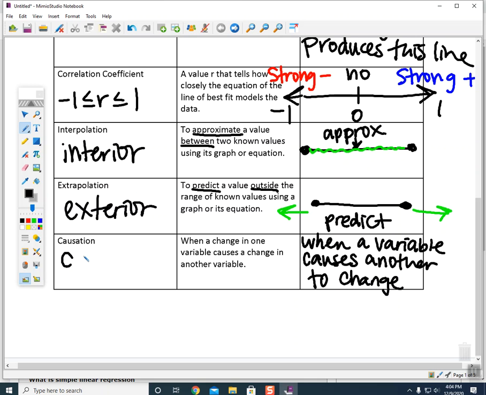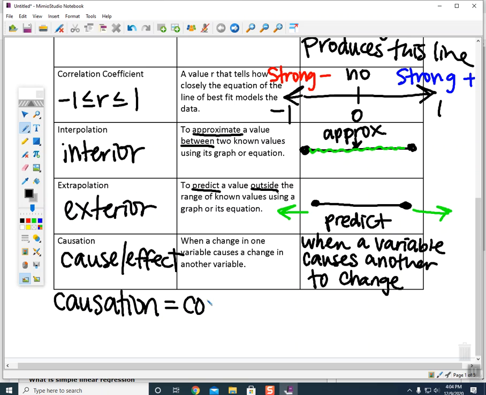And think of this as just like cause and effect, right? We learn about cause and effect in English classes, we learn about it in science classes, also comes up in math class now too. So cause and effect. And then a couple things to note about causation too. So if I have causation, that means that what I'm working with has correlation.